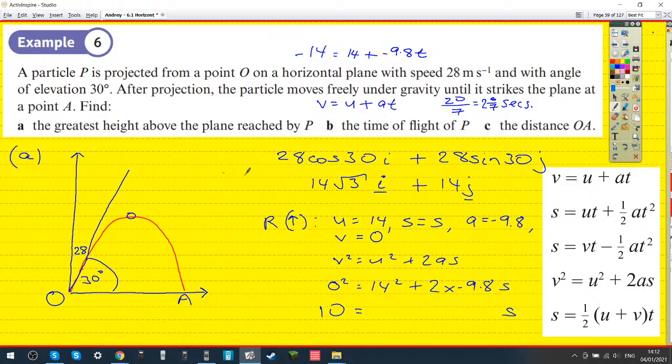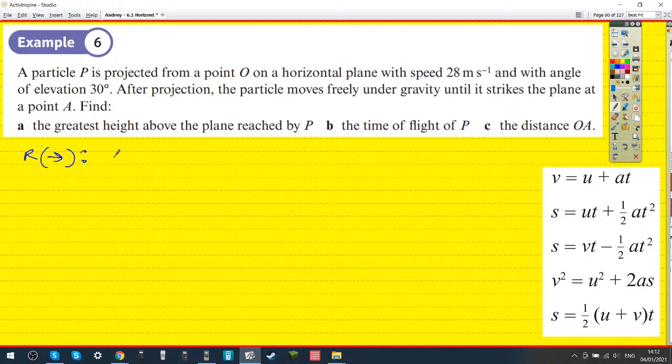No, it is 14 root 3. It's pushed with, so it goes 28 meters per second, but at an angle of 30. And so if you were to split that up, that means it's 14 up and 14 root 3 right. And you do that by doing 28 sine 30, 28 cos 30. So resolving vertically, it's 14. Resolving horizontally, initial speed is 14 root 3. If you put the two together, you get 28.